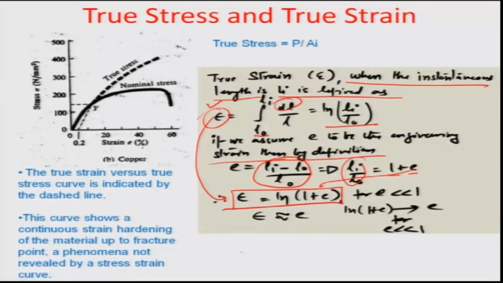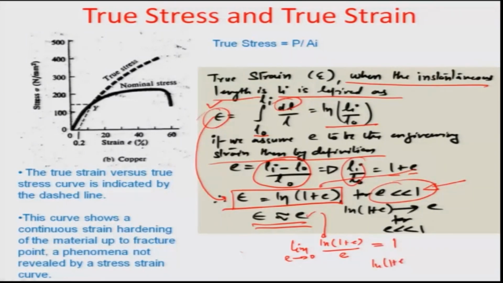For cases where the engineering strain is much smaller in comparison to 1, you can assume epsilon to be equal to a very small number E, and we already know here that the limit of ln(1 plus E) divided by E, as E tends to a very small number, let us say 0, becomes equal to 1.